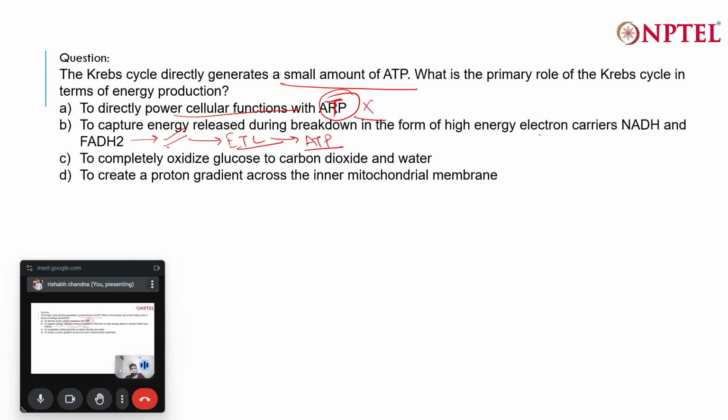So the Krebs cycle helps the body to store energy in the form of NADH and FADH2. To completely oxidize glucose to carbon dioxide and water? No. Then, to create a proton gradient across the inner mitochondrial membrane, this is done mainly by the ETC, not the Krebs cycle. So the correct answer is option B.